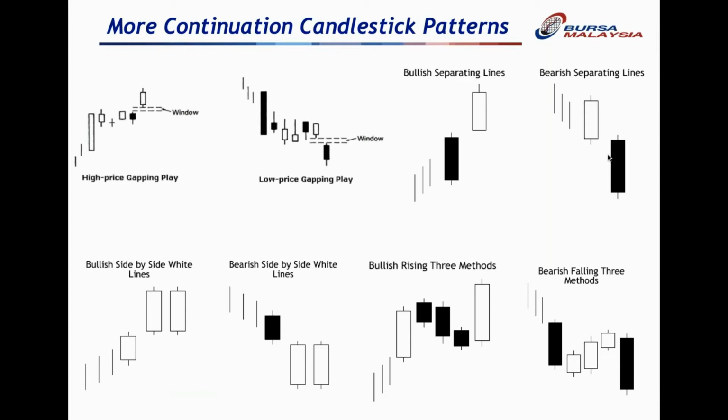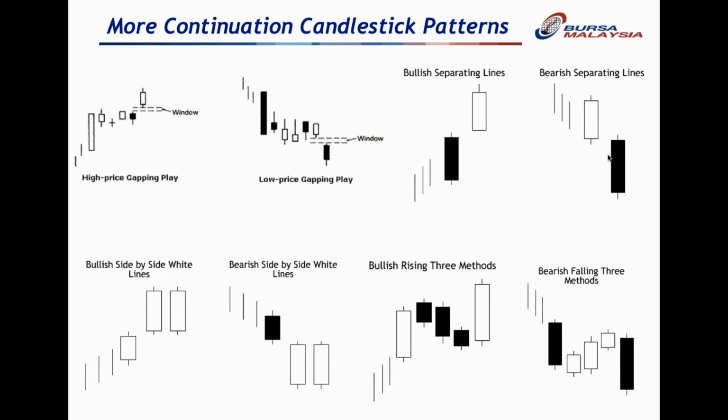Now, sometimes the price doesn't trend forever. With three white soldiers and three black crows, the bullish and bearish force is likely to continue. Sometimes the trend may take a break. When you see a bullish rising three methods or bearish falling three methods, it doesn't mean the trend is reversing.